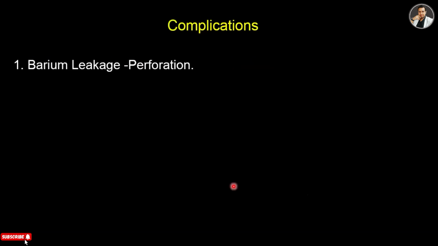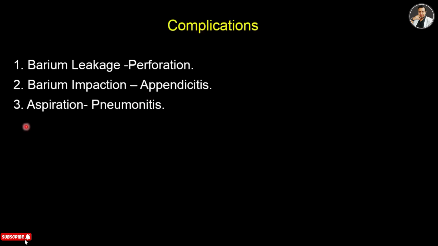And there are some complications of barium. The first one is barium can leak through the small intestine because of perforation, and there may be barium infection, and for this appendicitis may occur, and there may be aspiration.